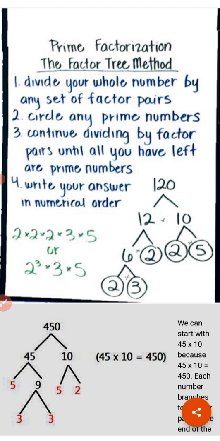You can choose any set, children. A number has many factors. Circle any prime numbers. Continue dividing by factor pairs until all you have left are prime numbers.